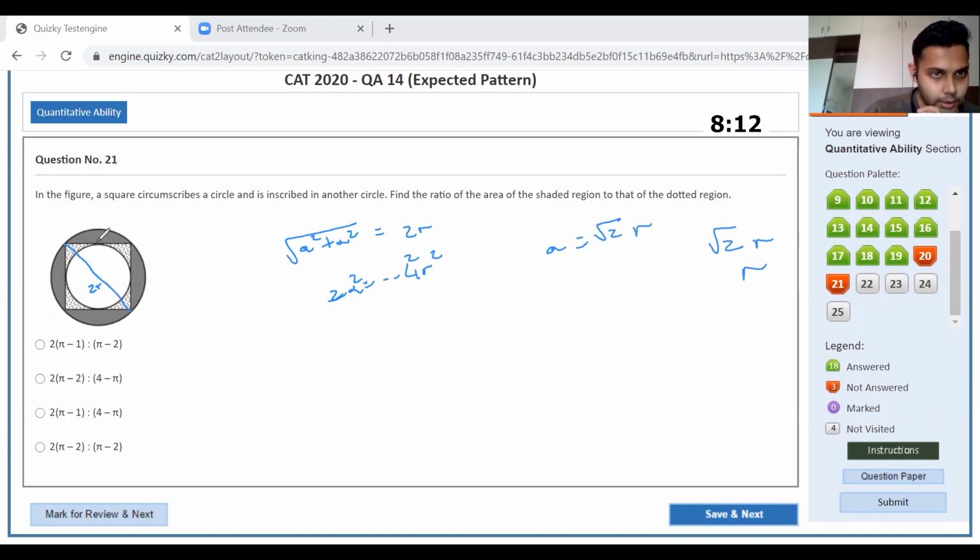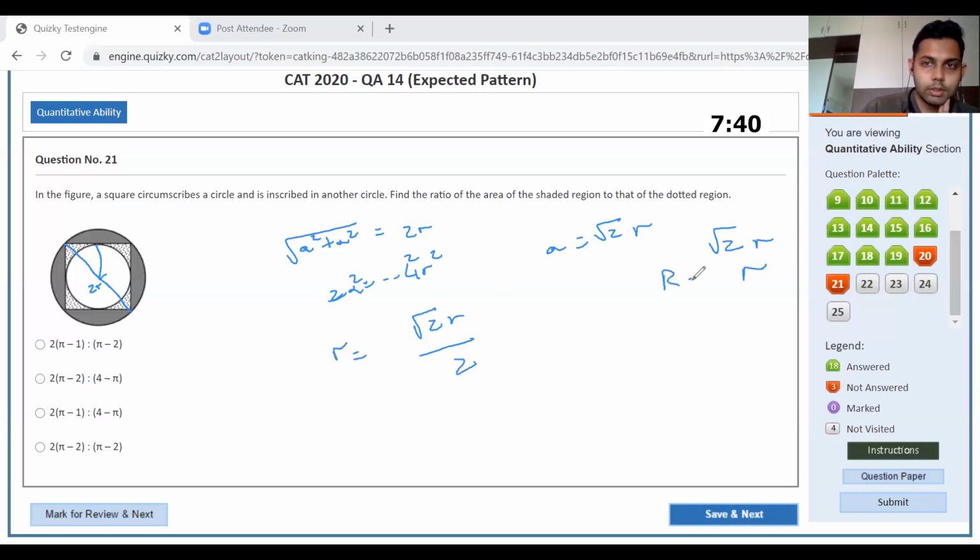Now, if that is the case, the radius of this thing will be root 2 r by 2 as the radius of the smaller circle.